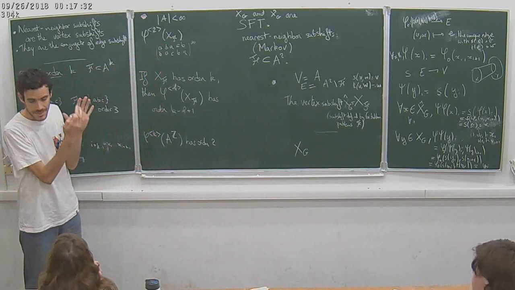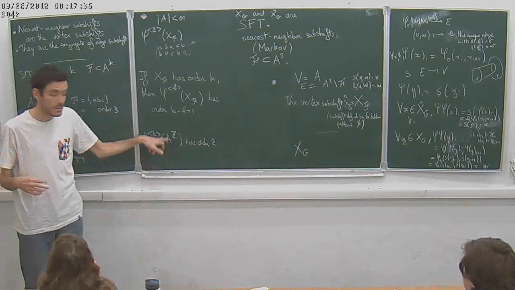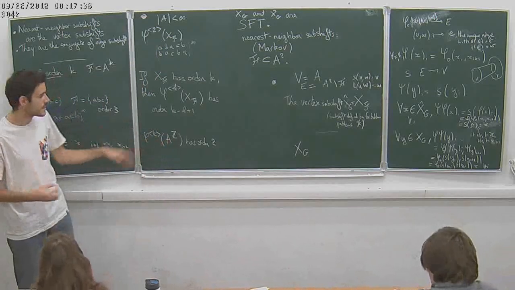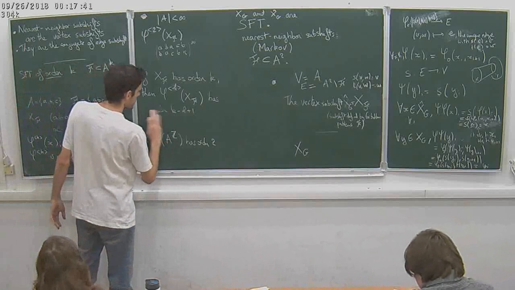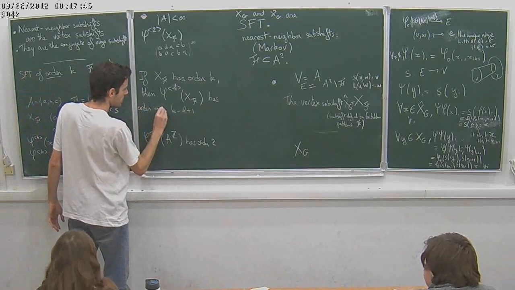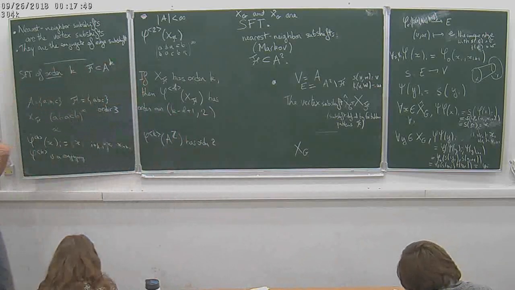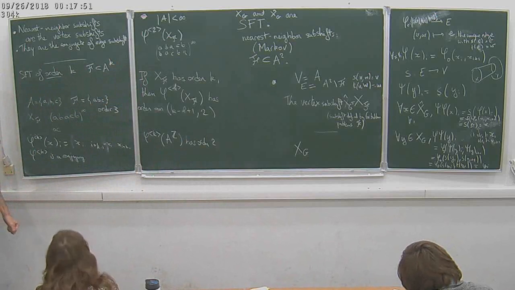The only subshift with order 1 is a full shift on some alphabet. Here it's not the case. So it has minimum order 2. But if you are above 2, you can always reduce.